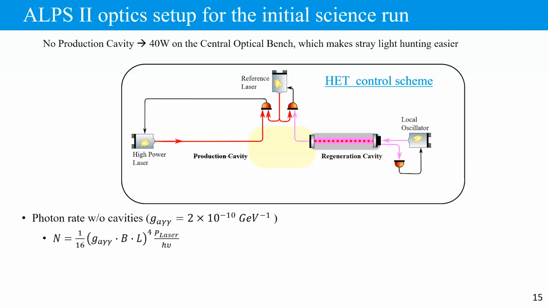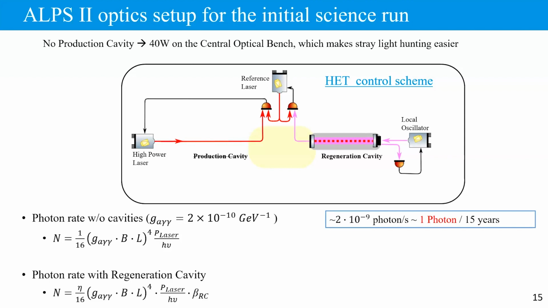So if we now take this parameter and the power of 40 watts and calculate the photon rate that we expect, then we get something like 1 photon every 15 years.